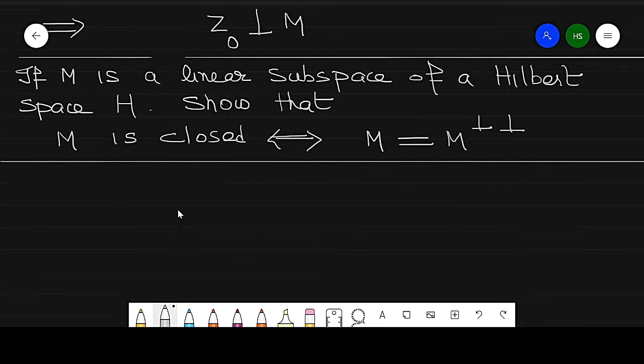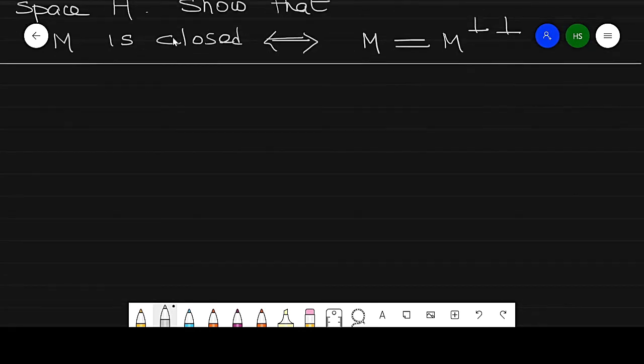Now prove this result. So first I take one part. Suppose first, let M be equal to its double orthogonal complement.